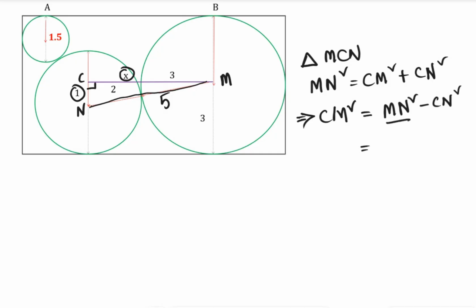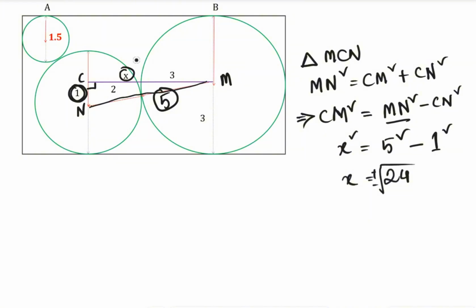MN is 5, so 5 whole square minus CN, which is 1, square. So it will be 24, right? And CM is x, so x square equals 24, so x equals plus or minus square root of 24.